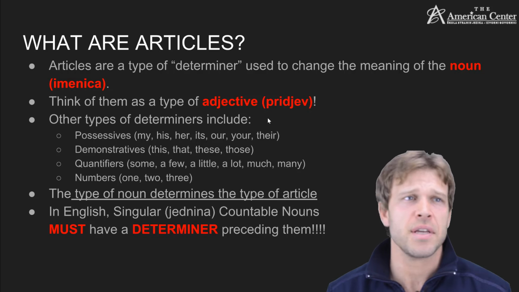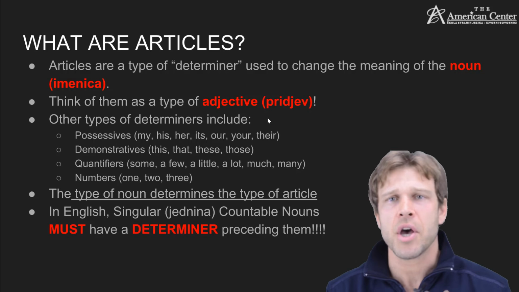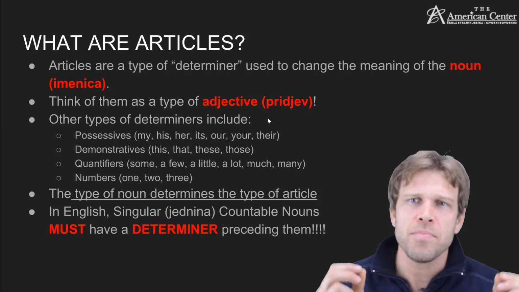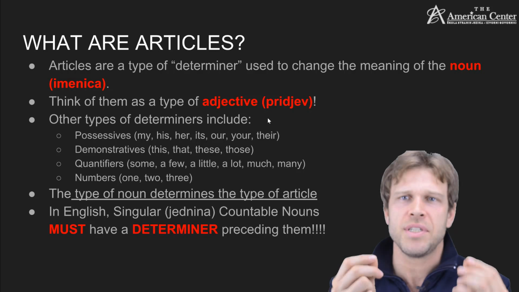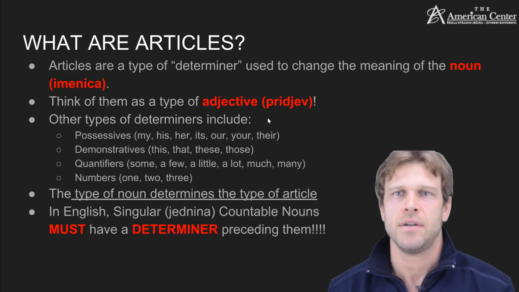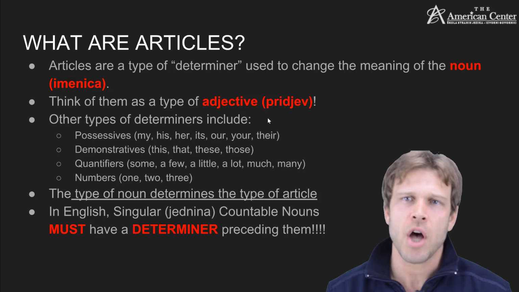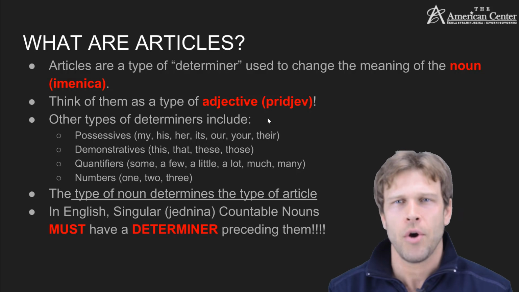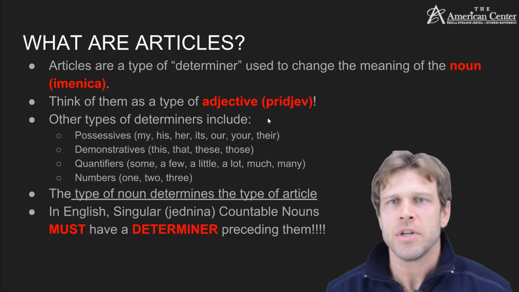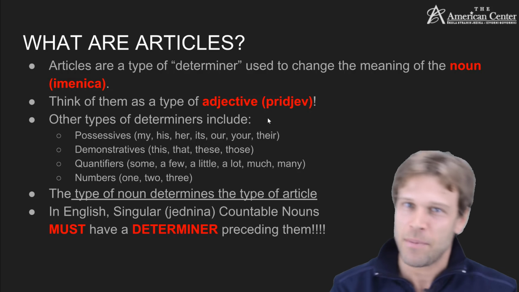They do the same thing as these other words do. They go in front of a noun and they change the meaning of that noun. Okay, they give it more detail, more specificity. Okay, so let's talk about nouns because we have to know the types of nouns in English in order to determine the type of article.